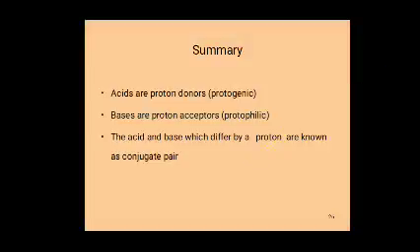For example: HCl acid, its conjugate base Cl minus; H2SO4 acid, its conjugate base HSO4 minus; HNO3 acid, its conjugate base NO3 minus; CH3COOH acid, its conjugate base CH3COO minus; H2O acid, its conjugate base OH minus.